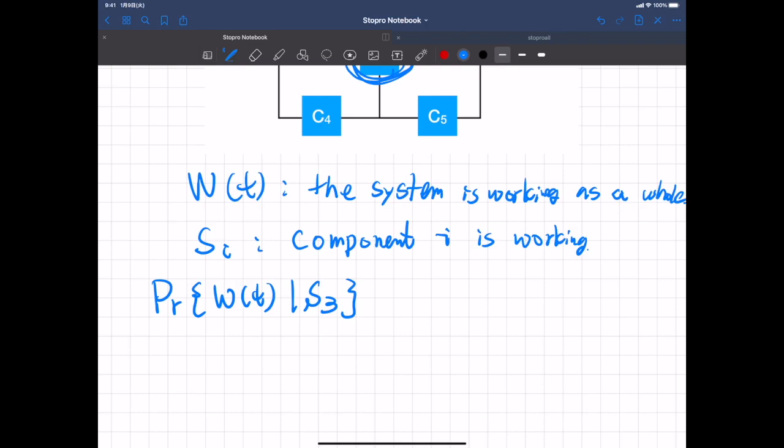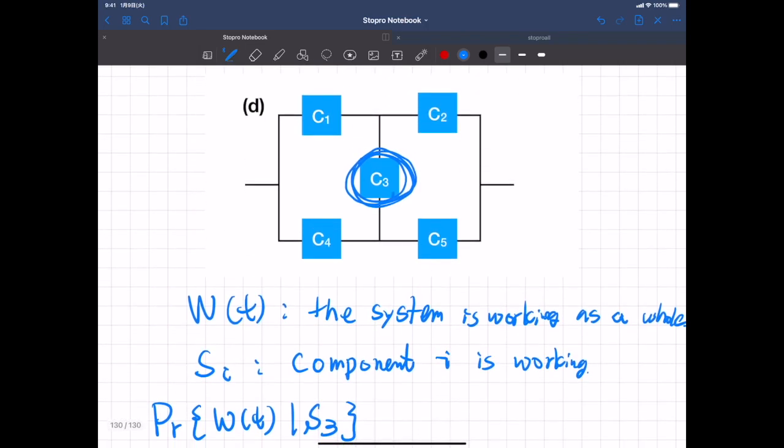Okay, so if this is working, then we can go through this way, or this way, or this way, or this way, as long as each component involved in each path is working.